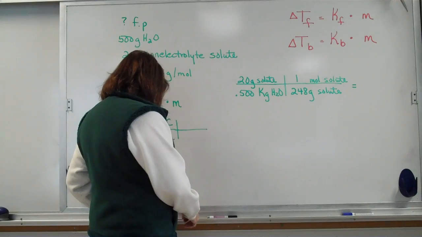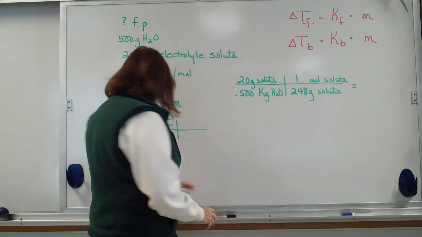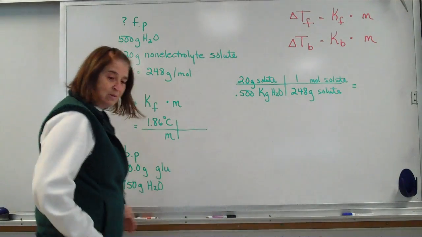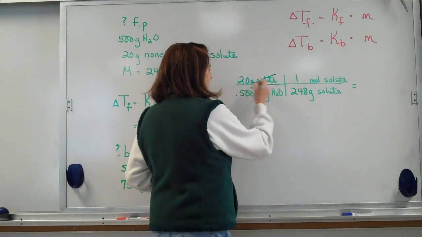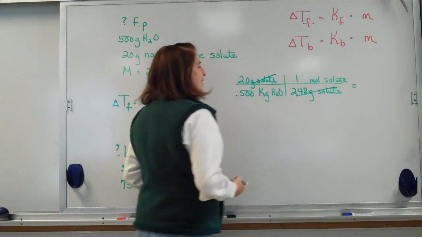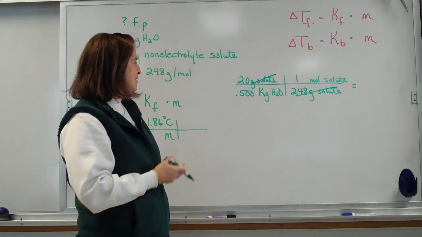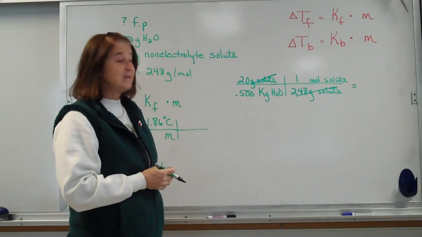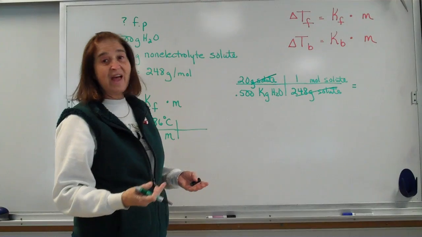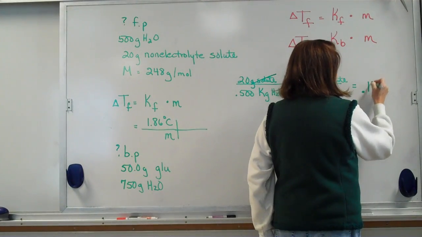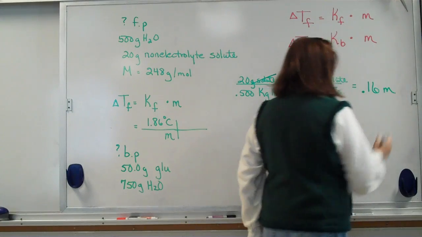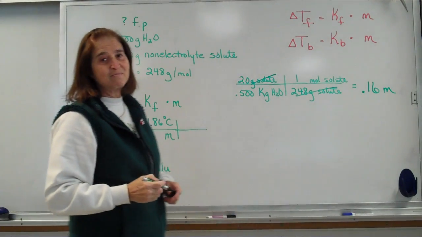So my units of grams of solute cancel out, leaving me with moles of solute over kilograms of solvent. That is molality. After 2 sig figs, that's going to be 0.16 molal.